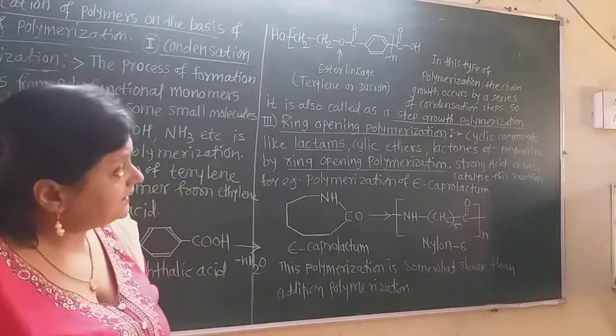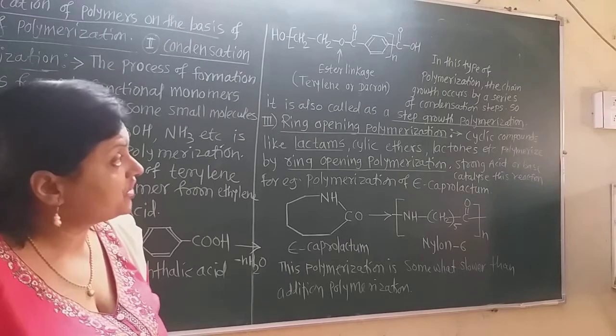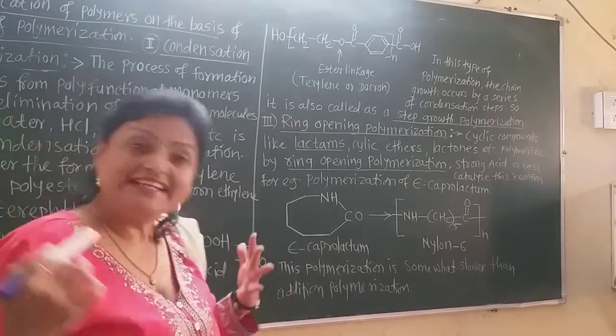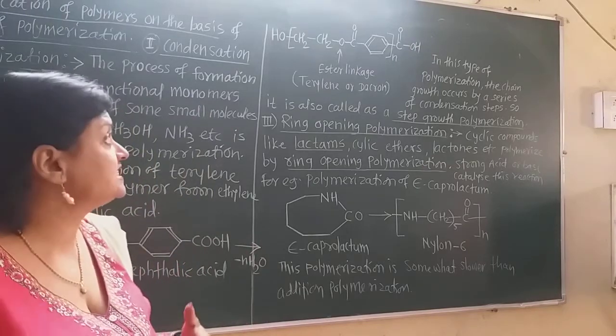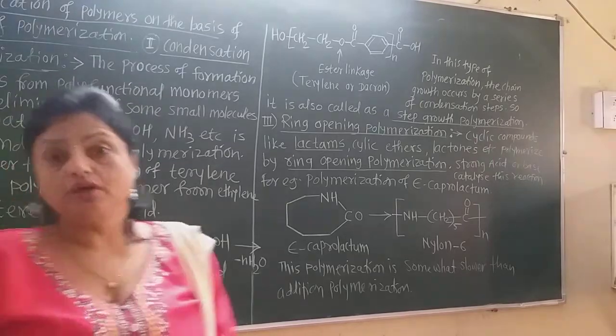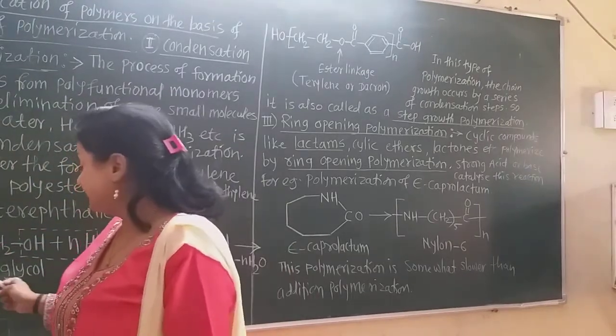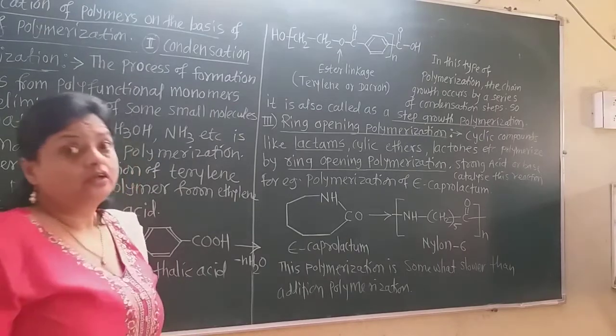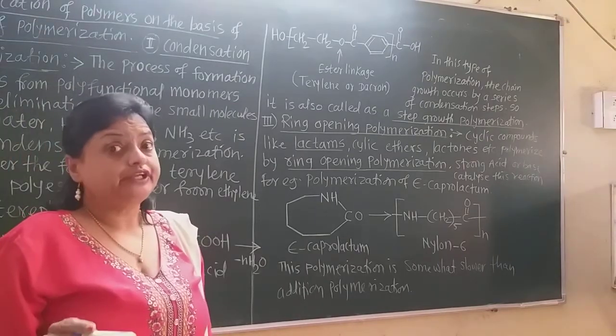Now in this step of polymerization, the chain growth occurs by a series of condensation steps. There is a series of condensation steps where, from every monomer of ethylene glycol and every monomer of terephthalic acid, one water molecule gets eliminated.